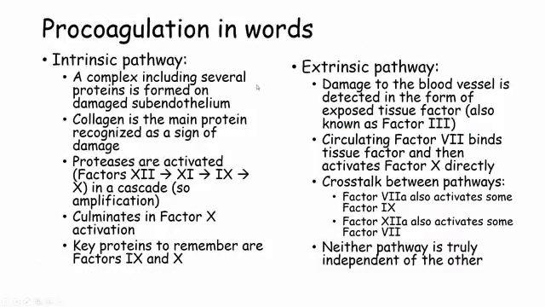So here's the same thing in words. I won't spend the time reading this to you, but you can certainly look through it yourself. And the key point, two key points. We're going to activate factor 10 to factor 10A, and the extrinsic and intrinsic arms of the coagulation process are not independent of each other.